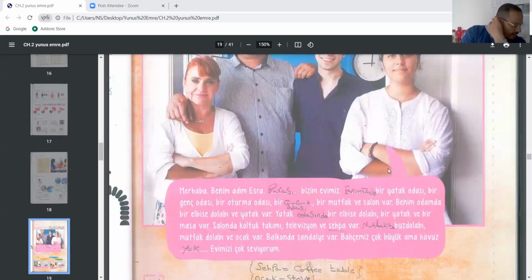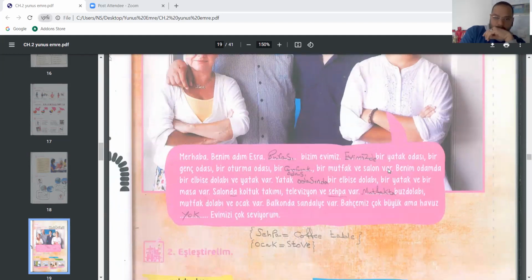Güzel evim, my beautiful house, my nice house. Merhaba, benim adım Esra. Burası, this place, bizim evimiz. Our house. Evimizde, at our house, bir yatak odası. Yatak odası, that means sleep room. Bir genç odası, that means the room for the boy or girl.